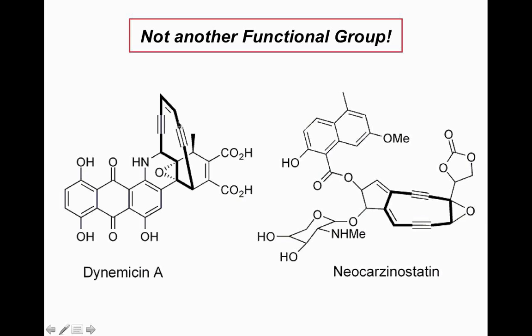This particular functional group is highly reactive as an anti-tumor agent. In fact, it's even referred to as a warhead by medicinal chemists because of how reactive it is as an anti-tumor agent. So there is some relevance to alkyne chemistry, which is why we include it in the 232 curriculum for those of you who are interested either in building materials or in medicinal chemistry.